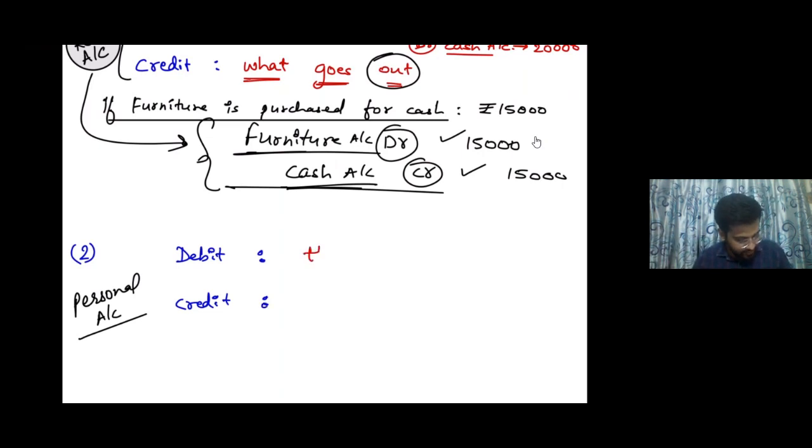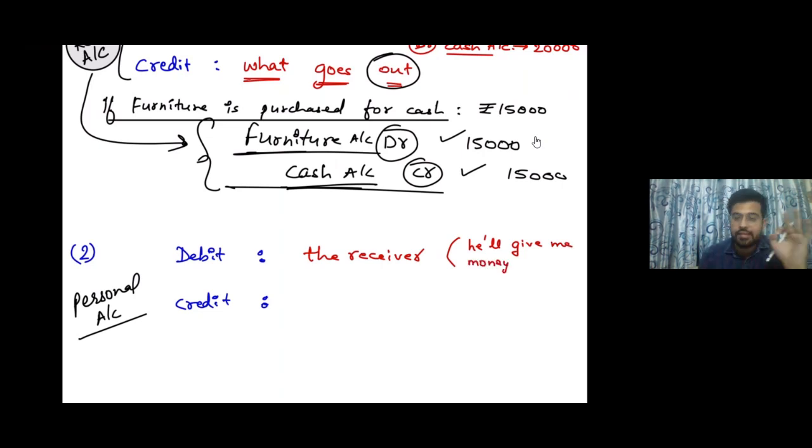Debit the receiver. Why are we debiting the receiver? Because he will give me money in future. Debit the receiver and credit the giver.